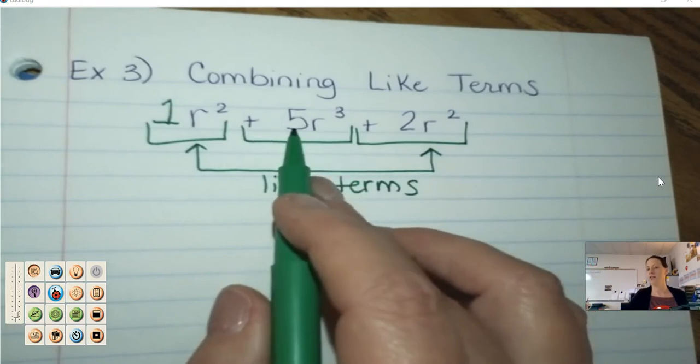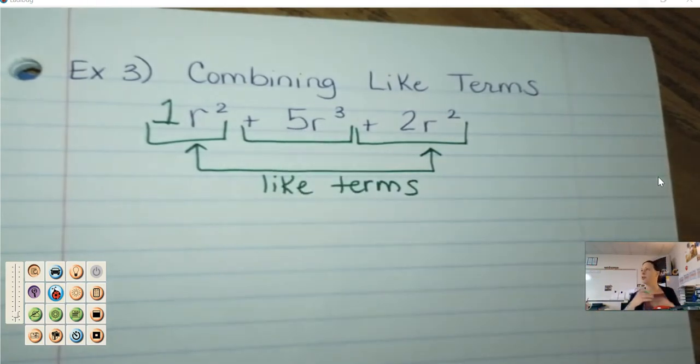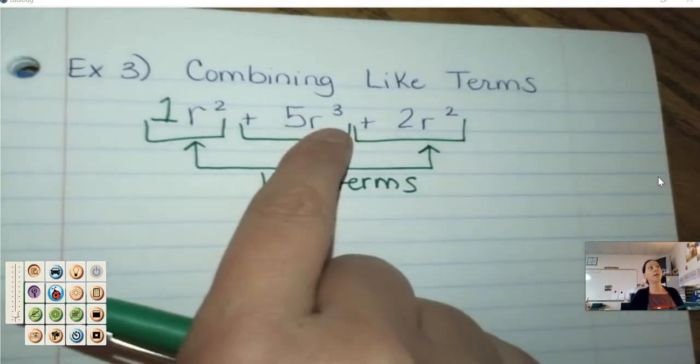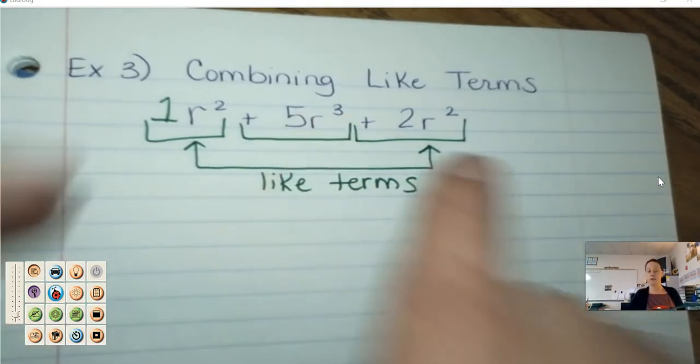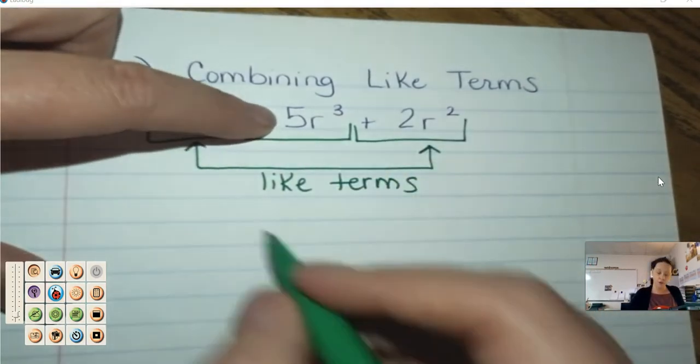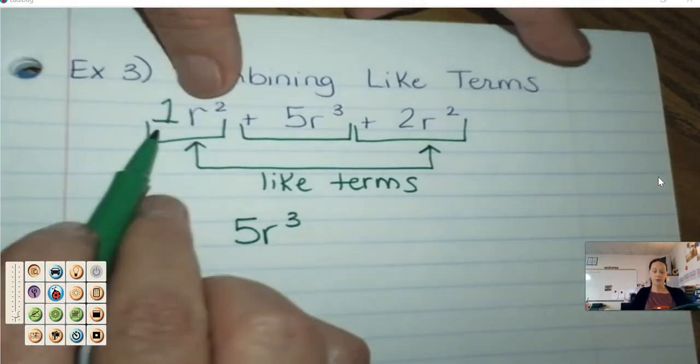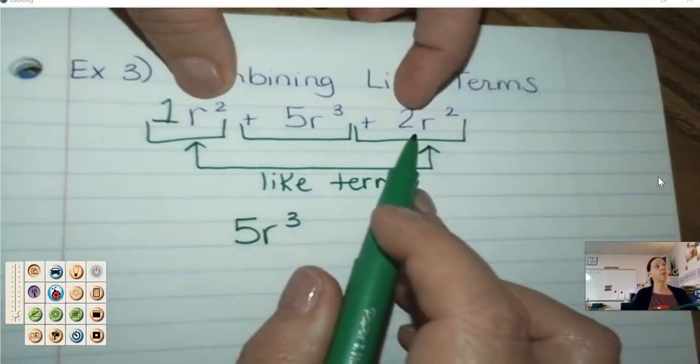Correct. The coefficient is not the issue; we're about to combine them and just add those together. We're going to put this in order. There's 1 term with 5r cubed, just one of those, so there's 5r cubes. But there's an r squared, and then there's 2 r squareds.